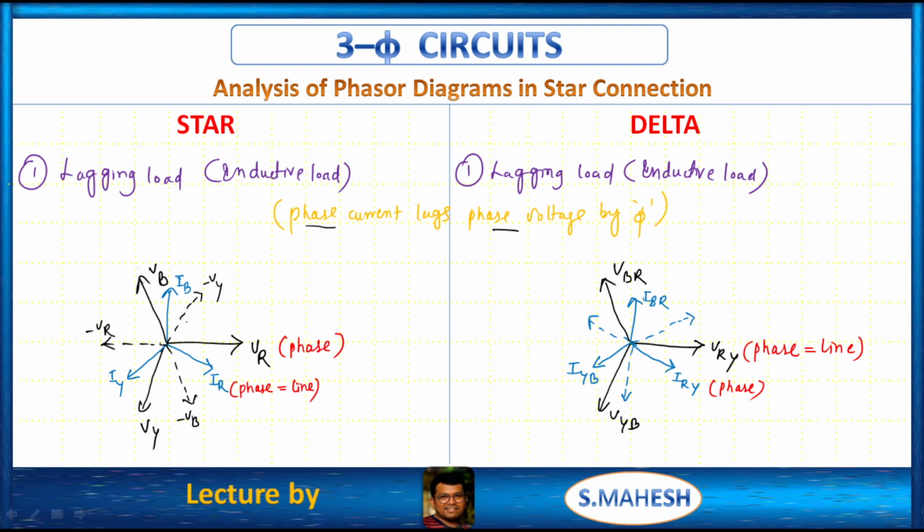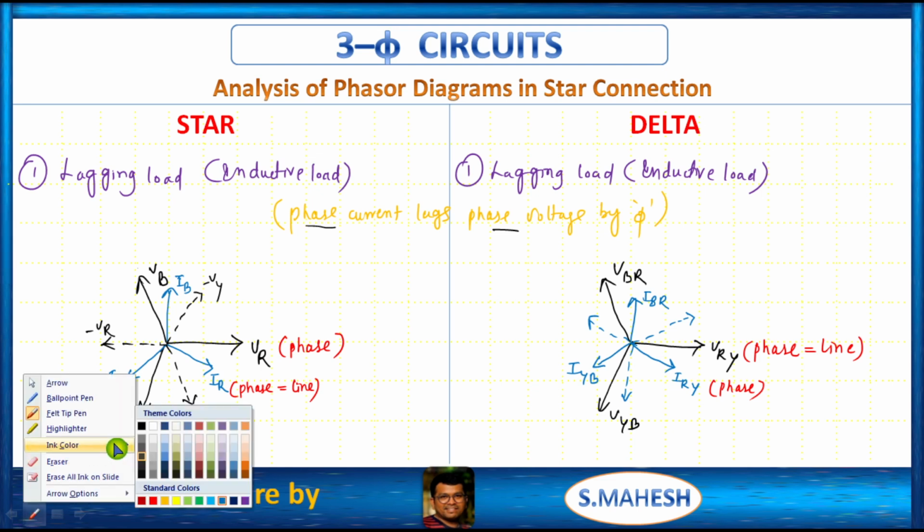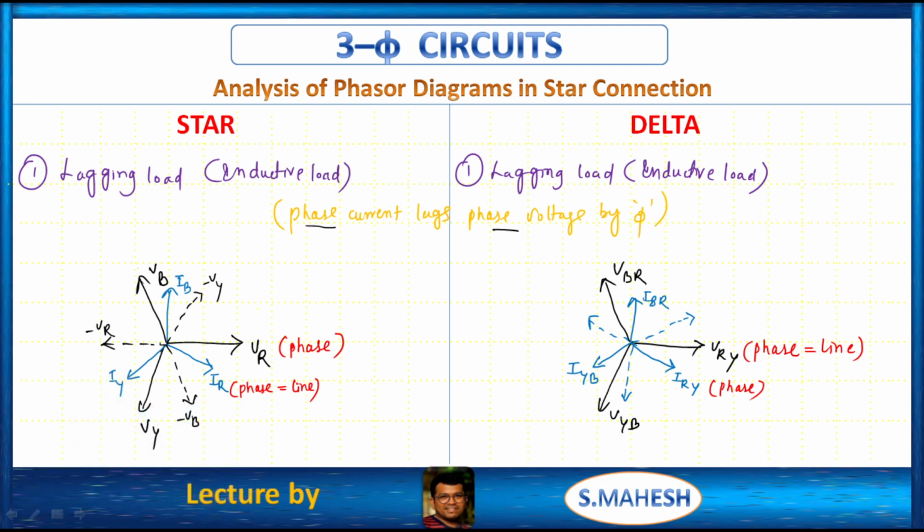Then first we have to get the line voltage in case of star connection. To get VRY, VR minus VY, right? Therefore, VR minus VY, which is parallel to VR, and parallel to minus VY, completed like that.